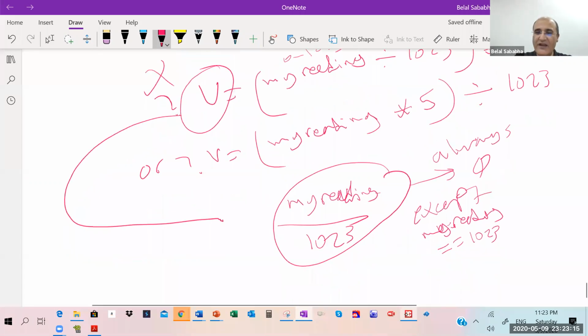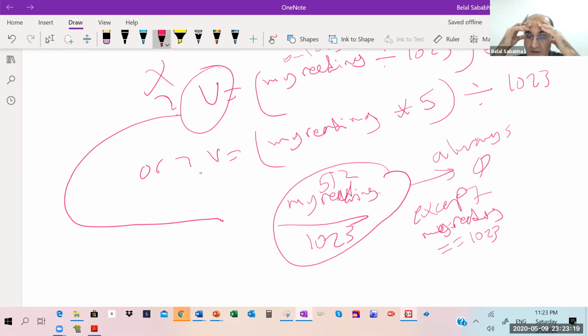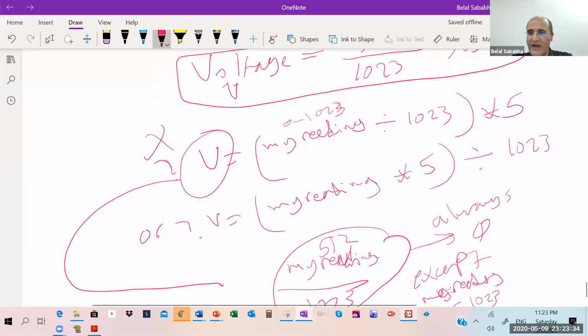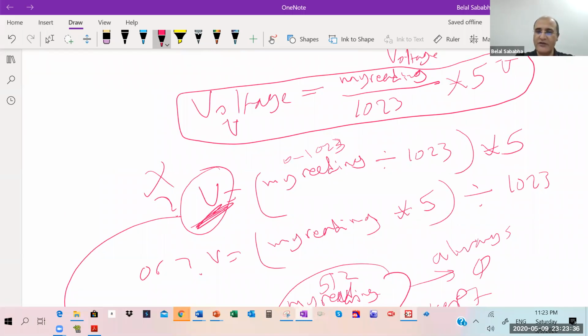Because if, let's say, this is 512, divided by 1023 is what? 0.5, right? But an integer cannot be 0.5, it's an integer, so it's going to be rounded to 0. Then 0 times 5 is 0, so the voltage you're going to get is always 0.